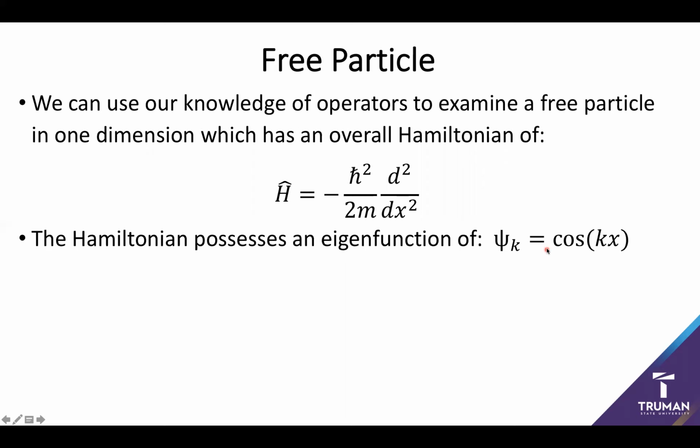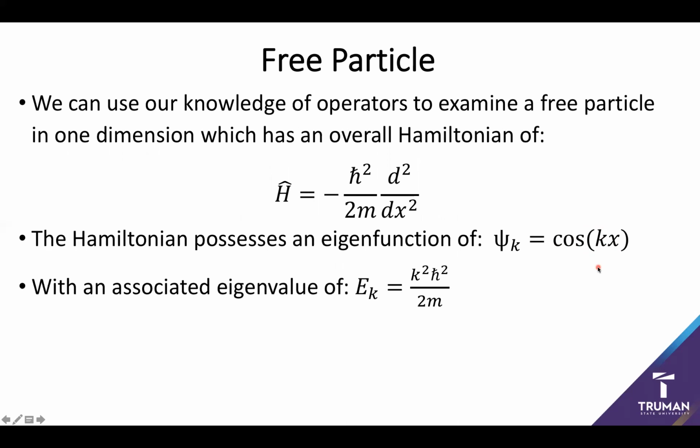So we're going to ignore the normalization constant because we're spread out all over heaven, and I mean that literally. As we've demonstrated before, k is related to the de Broglie wavelength, and this has an associated energy of k squared h bar squared over 2m.